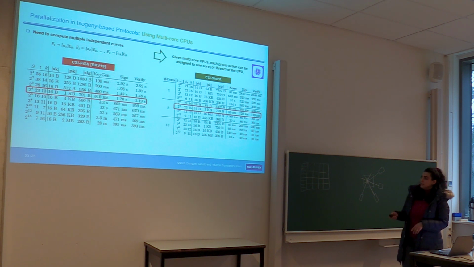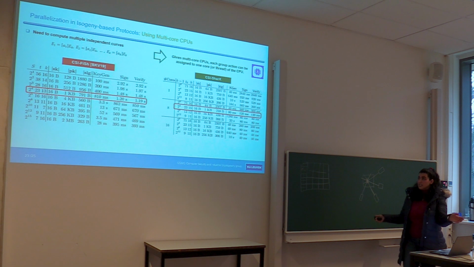This technique also applies to CSI-FiSh as well, and we showed it here. In CSI-FiSh, in order to achieve a smaller signing and verification time and even size, they needed to increase the public key a lot.